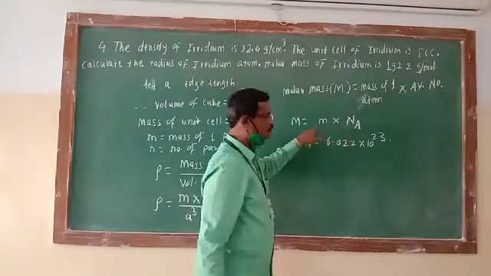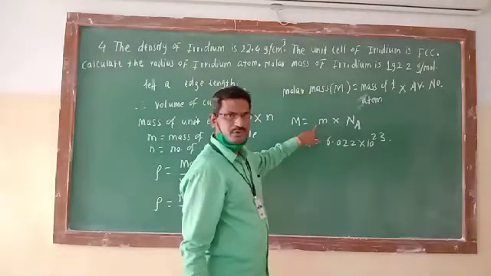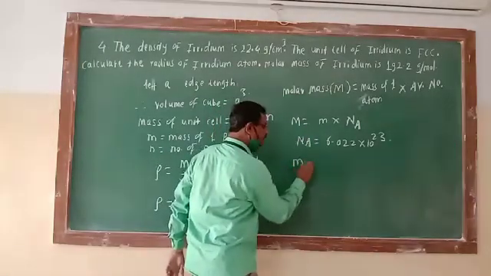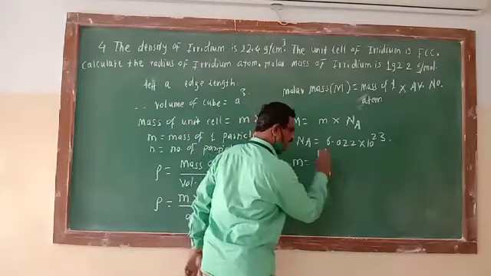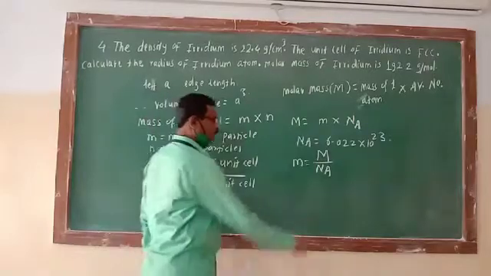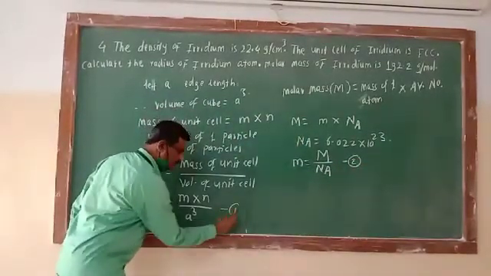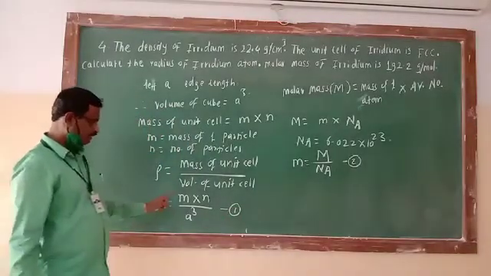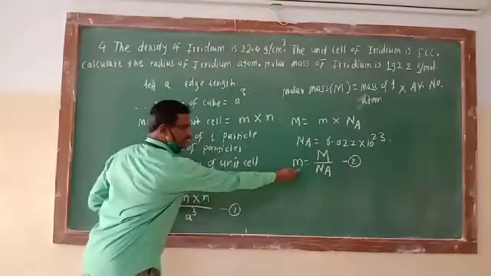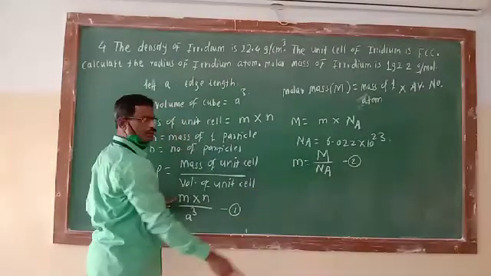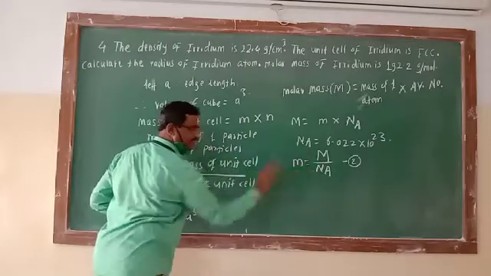From this equation, what is the mass of one atom, the mass of one particle? It is m is equal to capital M divided by Na. Now let this be equation number 2 and the earlier one equation number 1. Substituting for this m in equation 1 from equation 2, we know the value of small m is equal to capital M upon Na.